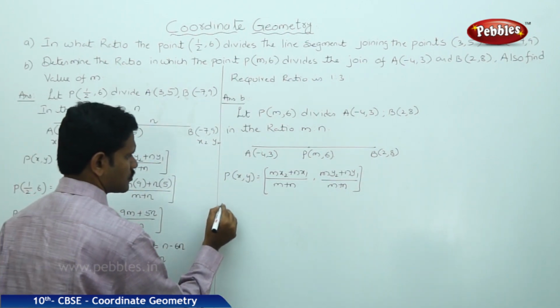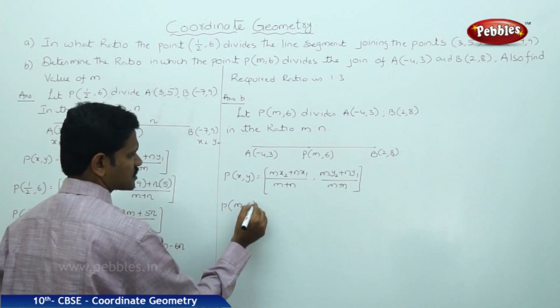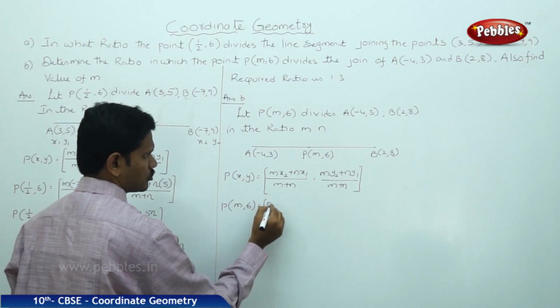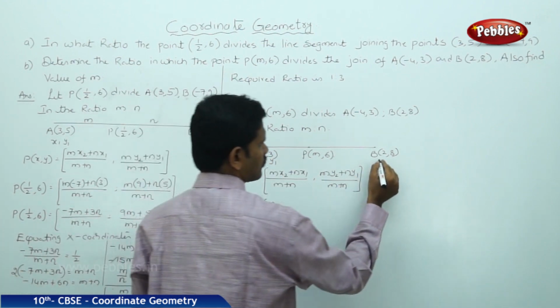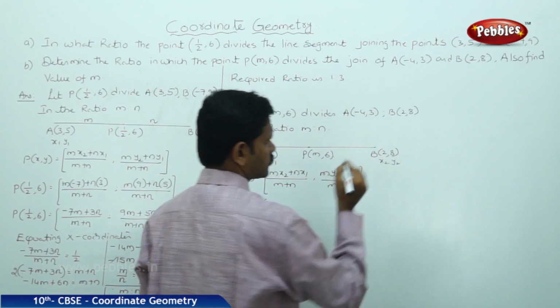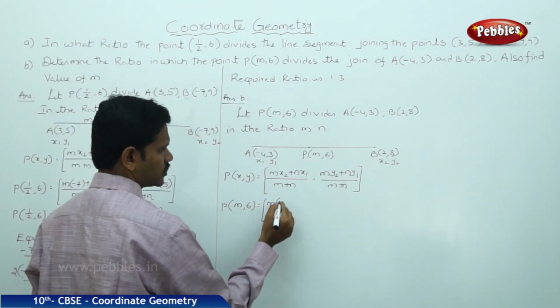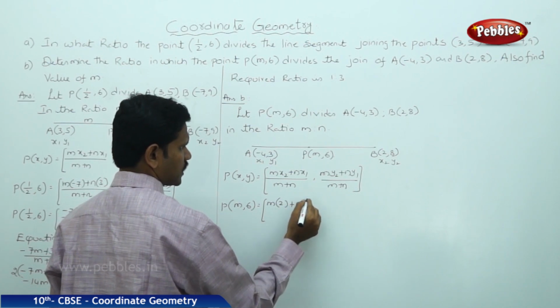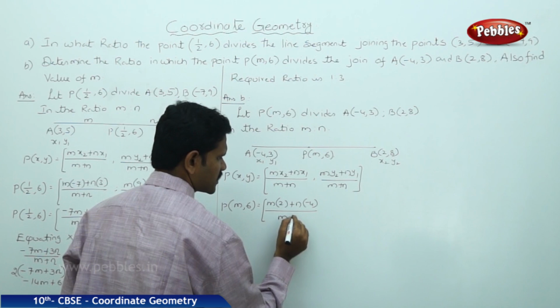That is P(m, 6) is equal to m, (x1, y1) and this is (x2, y2). M times x2 is 2, n times x1 is -4, by m plus n.